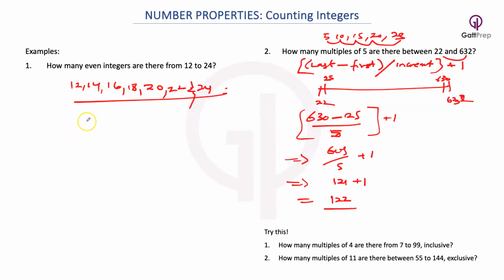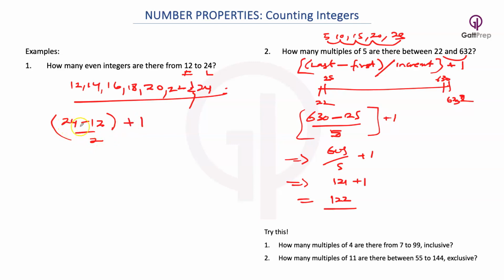We can come back here and use the formula and say, okay, how many even integers are there from 12 to 24? We can say the last term is 24, the first is 12, and so 24 minus 12. Remember, even integers increase by 2, divided by 2, plus 1.